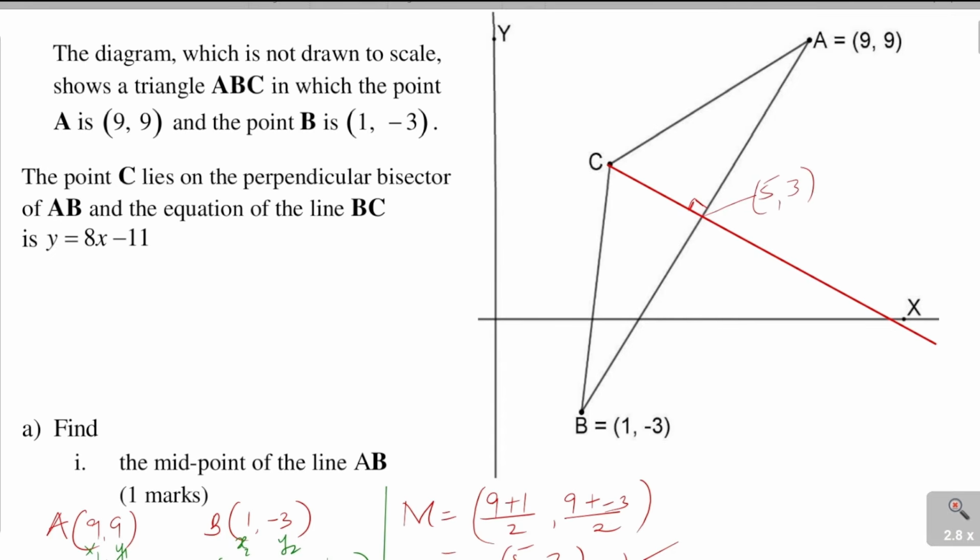So for us to get the equation of that line, we need a point, which we have, (5, 3), and we need the gradient. The gradient of line AB will help us to get the gradient of that perpendicular bisector. So we start by getting the gradient of line AB.